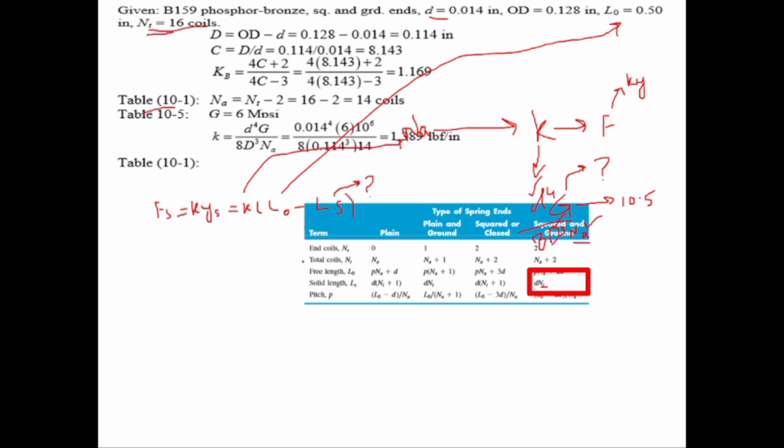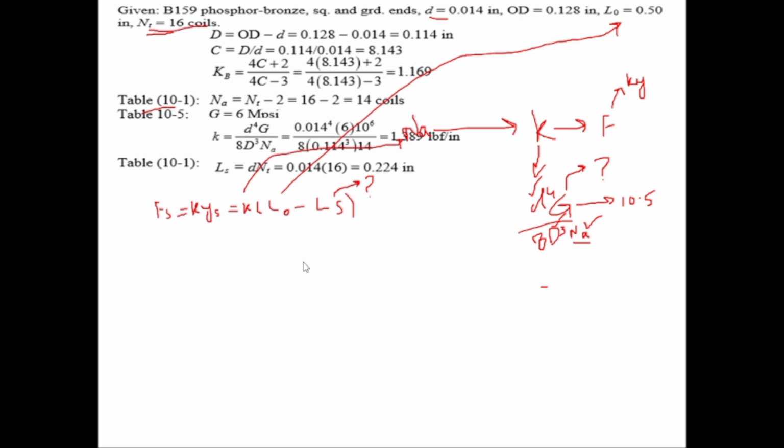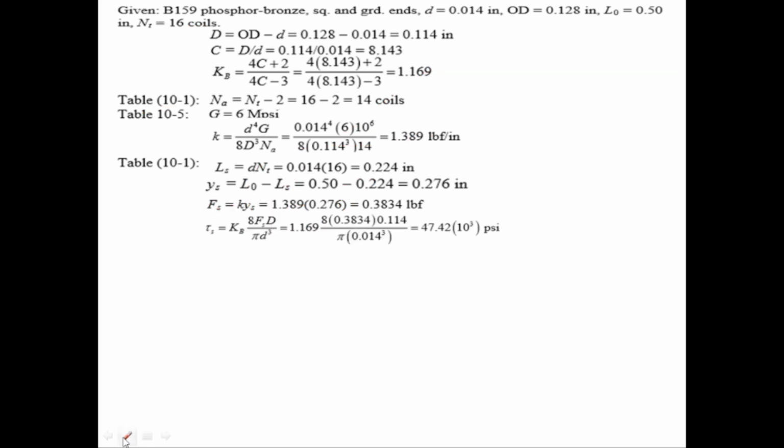So put the values of d and Nt, it will give you Ls is equal to 0.224 inches. After finding the value of Ls, we can find the value of Fs, and putting the values, Fs will be equal to 1.389 into (L0, which is 0.5, minus Ls, which is 0.224), which will give you 0.3834.